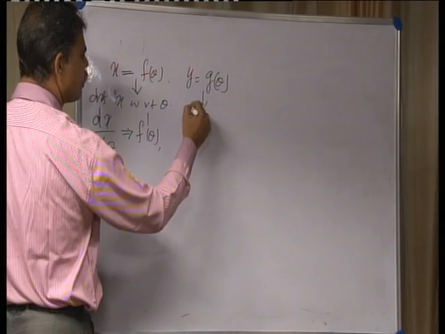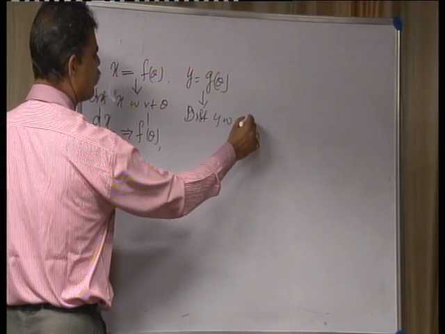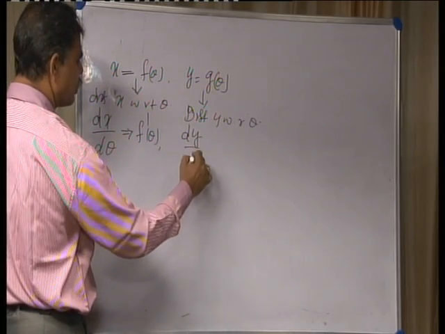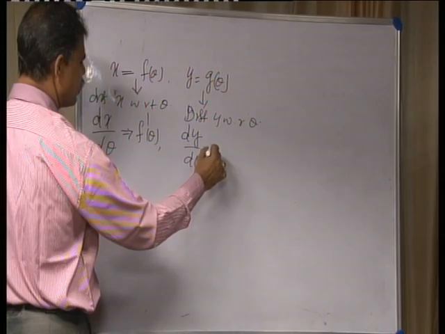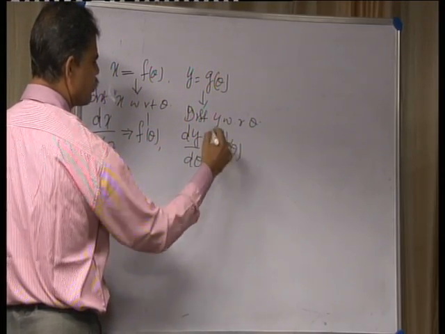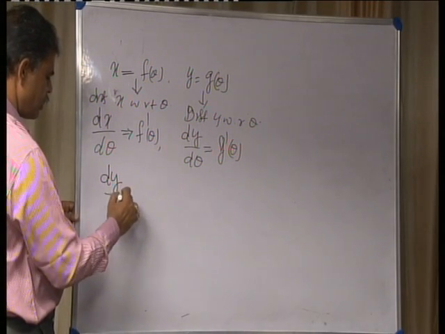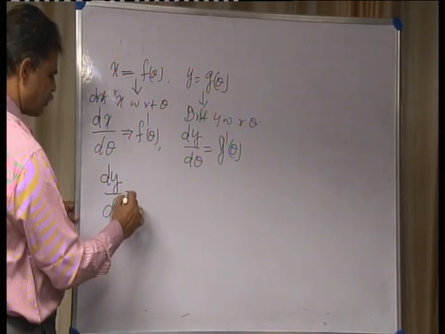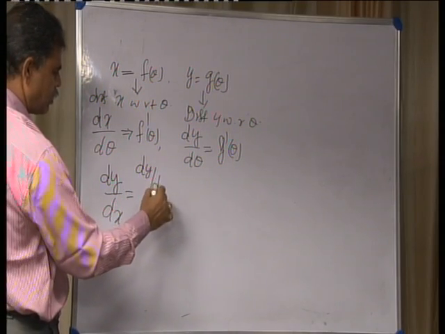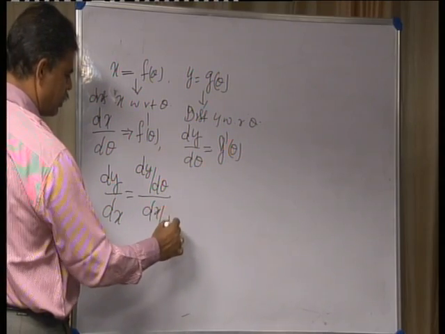Differentiate y with respect to theta, then we get dy by d theta, which I will call g dash theta. Hence, we get dy by dx using this formula: dy by d theta divided by dx divided by d theta.